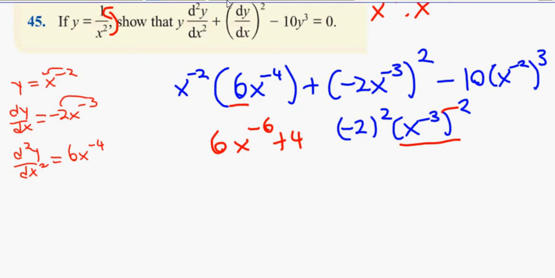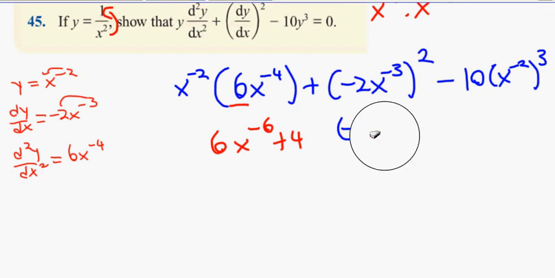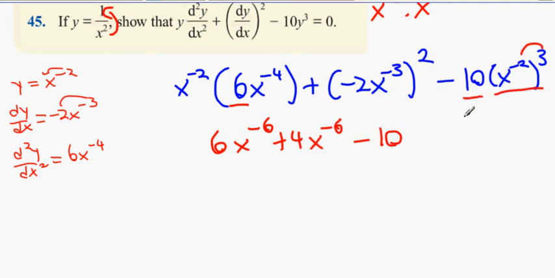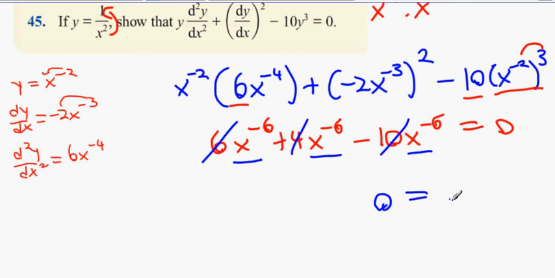So it's going to be 4x to the minus 6. Okay. Finally, minus 10 unaffected. It's the brackets we got to look at. Once again, multiplying. X to the minus 6 equals 0. You can see they're all the same thing. So 4 plus 6 is 10. 10 minus 10 is 0. 0 equals 0.